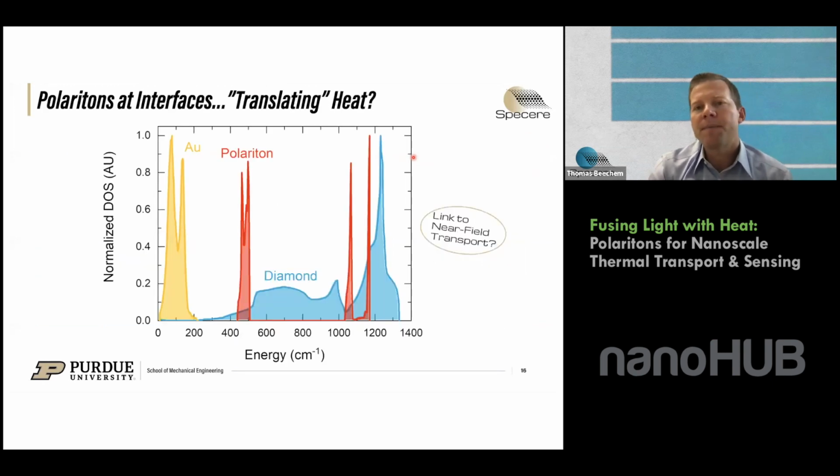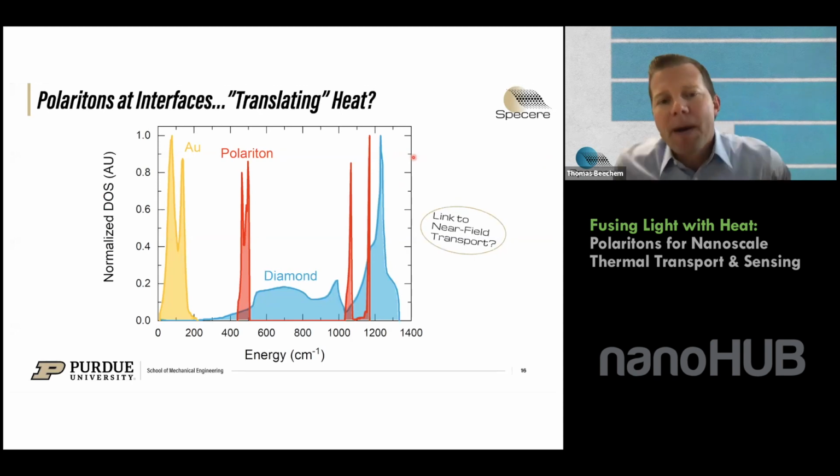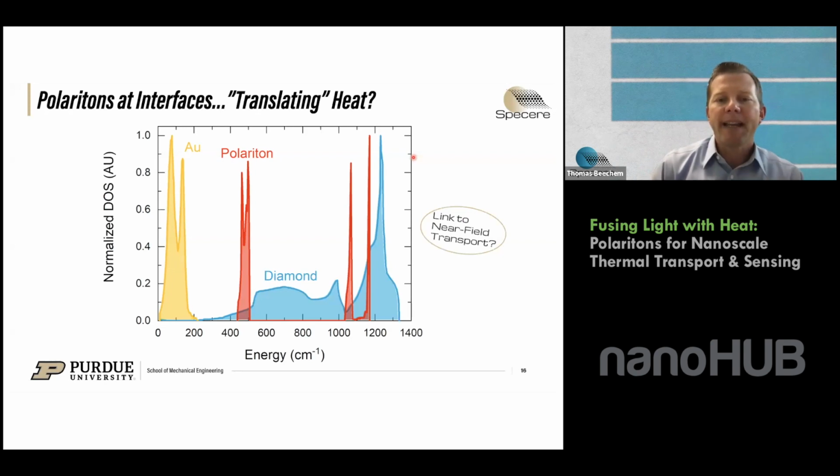And so what I would like to posit is that there's a possibility for doing some sort of bridging in the energy transport modes. For instance, if we have gold on top of diamond, I'm showing the normalized densities of states for gold and diamond here in yellow and blue. And we look at the polariton that forms between them.